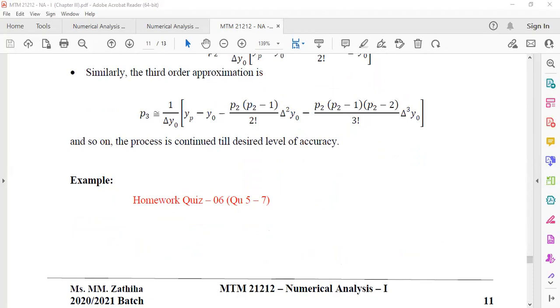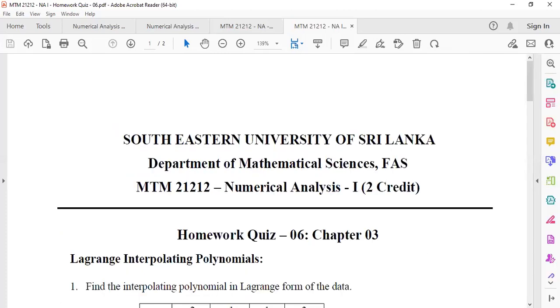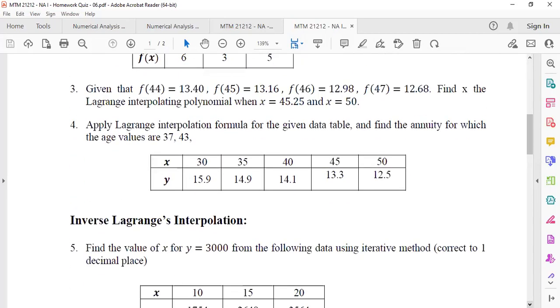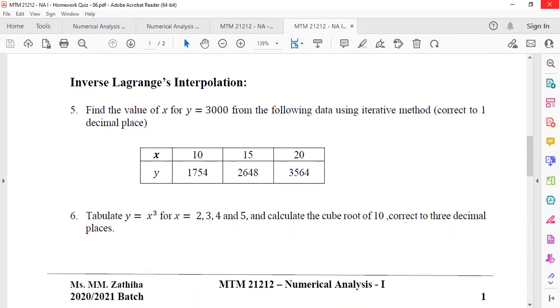So take down question number 5 in our quiz number 6. In this quiz, we can see Lagrange interpolation polynomial as well as inverse Lagrange interpolation questions. So let's start our 5th question so you will understand the iterative method.